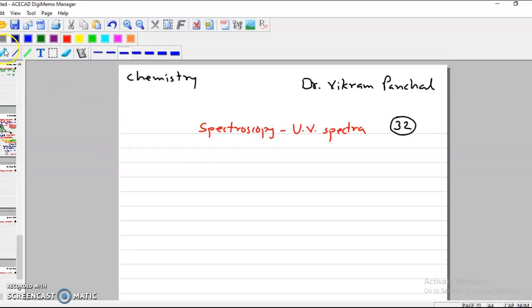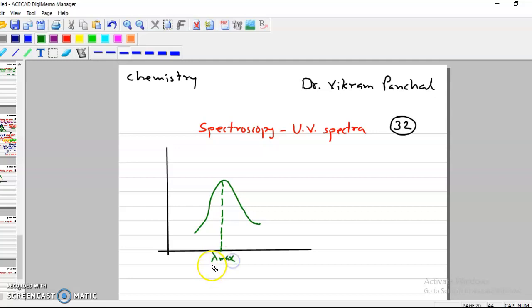If you see the graph of butadiene and decatetraene, there will be slight shifting. For butadiene, the graph is about here, and lambda maxima would be this one, which is about 215 nanometer.